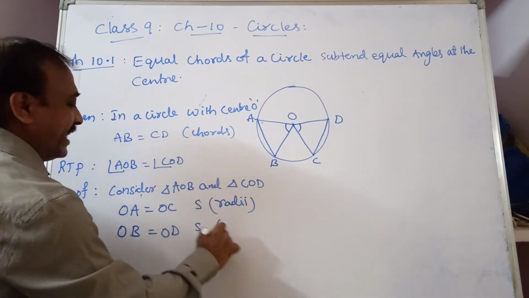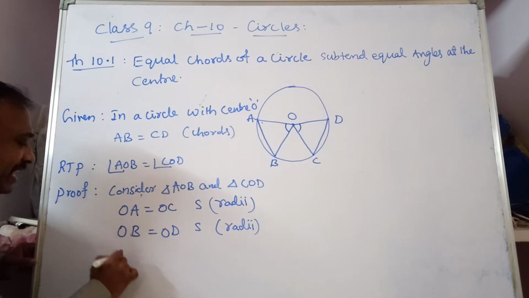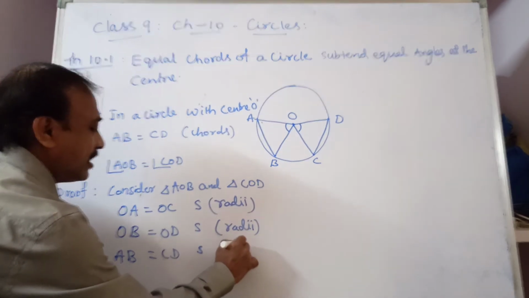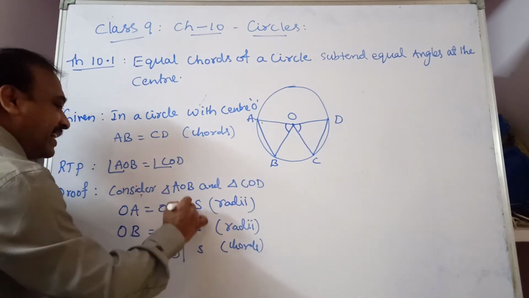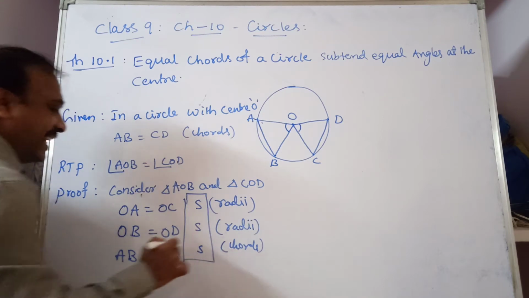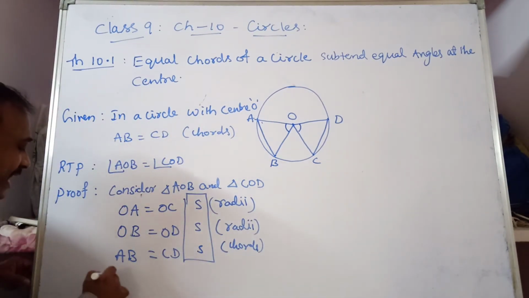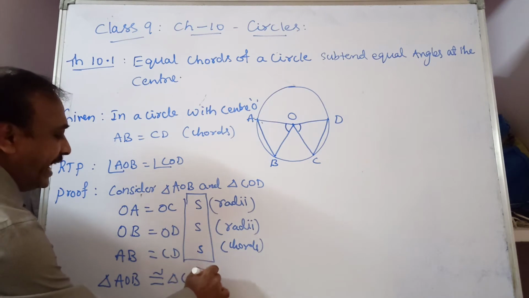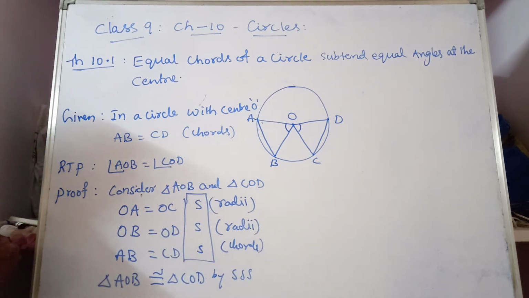This is also a side, reason: radii. Next, AB is equal to CD. This is a side. Chords are equal. That is given in the question. You see here, by the criteria SSS, triangle AOB is congruent to triangle COD by SSS criteria, side criteria.